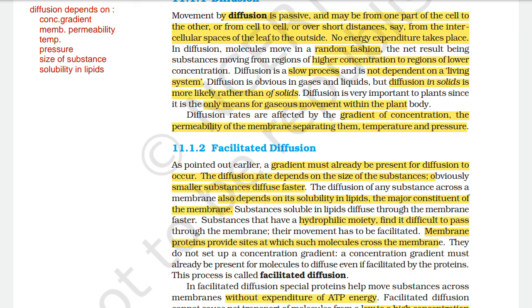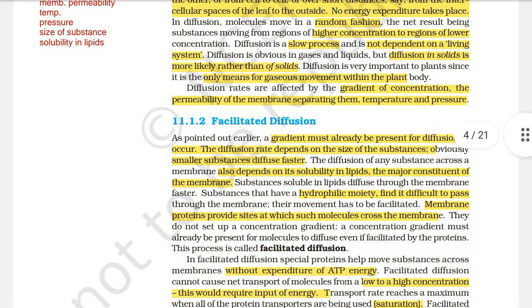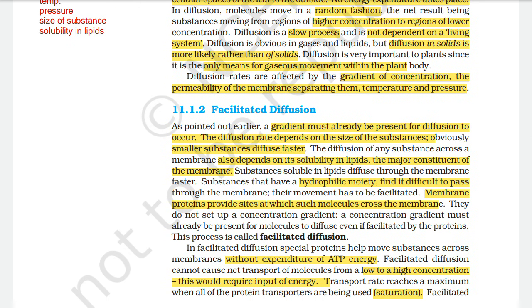Diffusion in solids is more likely than diffusion of solids. It means that diffusion is more likely in solids. Like gram: if we take a gram and put it in water, then after some time the gram, which is a solid, will soak water.